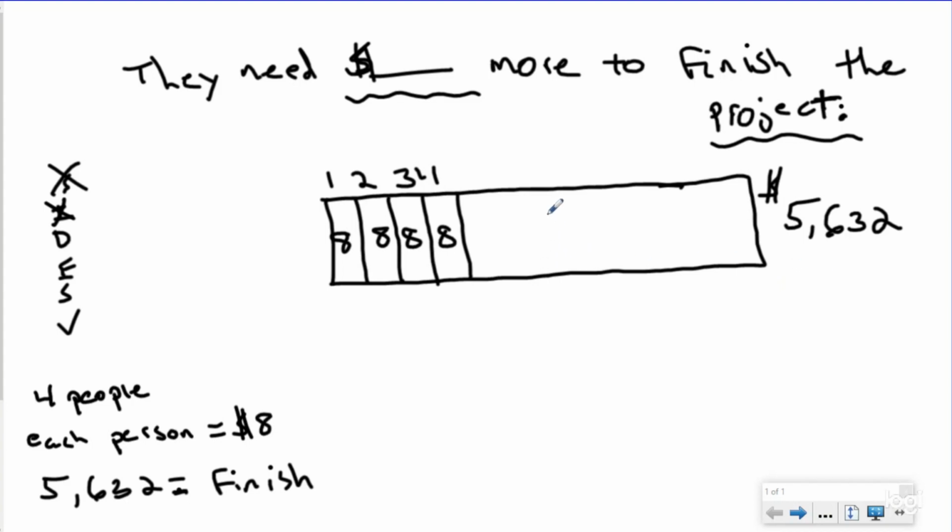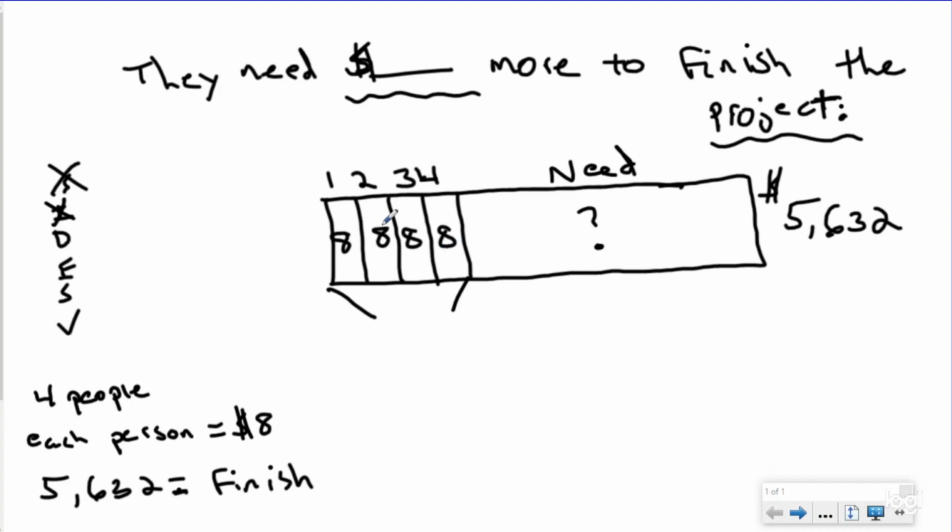And then my question was asking me, how much more do I need to finish it? So if 4 people each have 8, how much more money do I need to reach the goal of 5,632? So the first thing we want to do is find out how much we actually have already. I have 8 plus 8 plus 8 plus 8, which is repeated addition, which means I could also do multiplication.